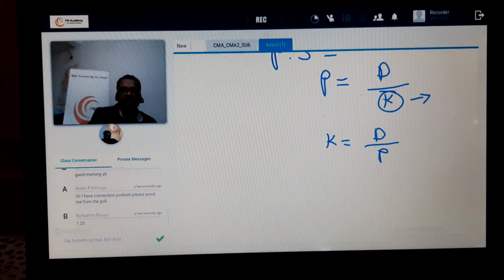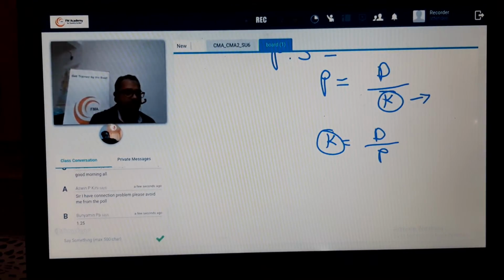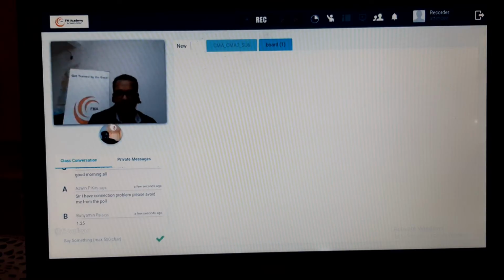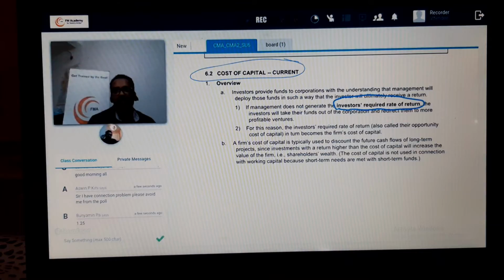So I can rearrange this equation. When it comes to preference shares, the cost of capital, I can say this is dividend divided by P. This is required rate of return. This is cost of capital for the preference shares. So whether it is required rate of return or cost of capital, all mean the same.